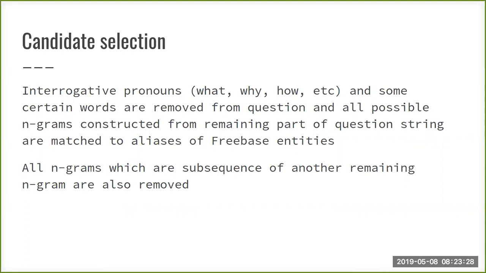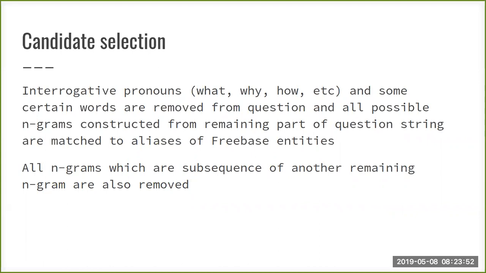And then they construct all possible n-grams from the remaining part of the question string, and they try to match it to the aliases of the Freebase entities, like to the entities that are present in the Freebase.